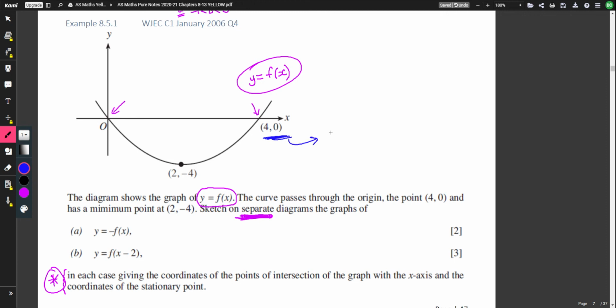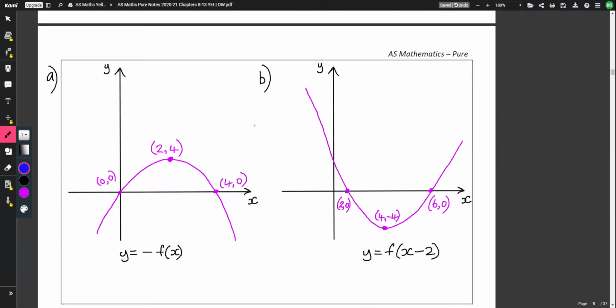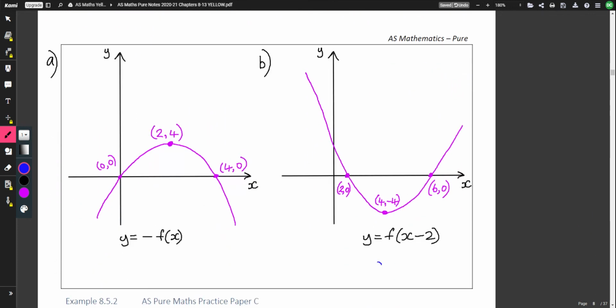That's telling us that f of 4 is 0. When x is 4, y is 0. f of 4 is 0. Is that still the case on our graph? Is f of 4 still 0?